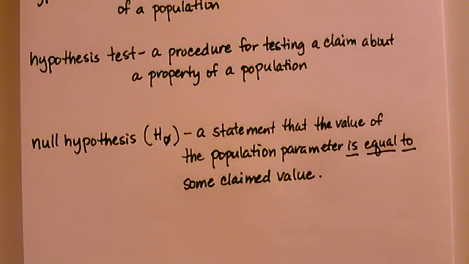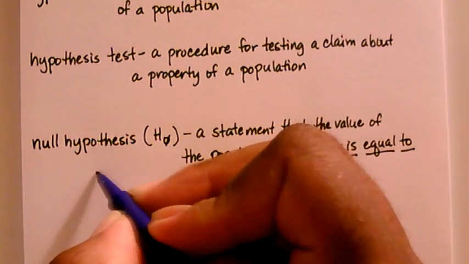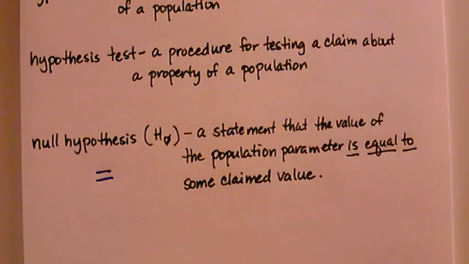In other words, when we have a null hypothesis, we're always going to test the null directly, in the sense that we assume that it's true, and we're going to reach a conclusion on whether to either reject the null hypothesis or fail to reject the null hypothesis. Now, in a null hypothesis, you're always going to have the equal sign, no matter what.